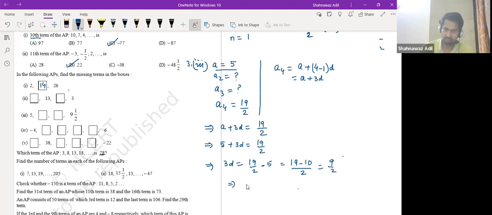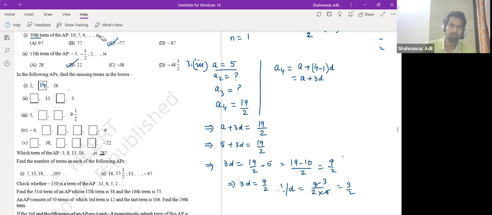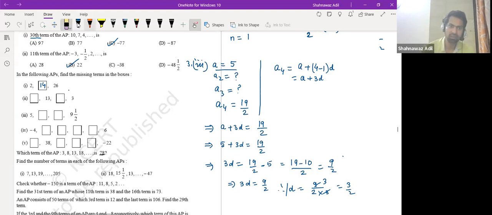So 3D is 9 by 2, which means D is 9 by 2 into 3. So this is 3, so D is 3 by 2, right?